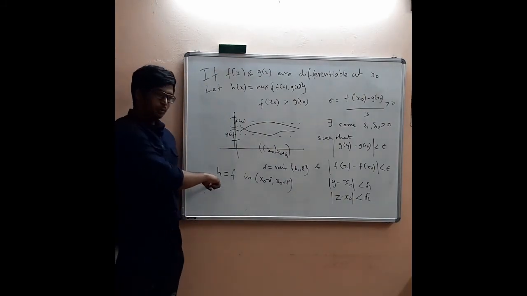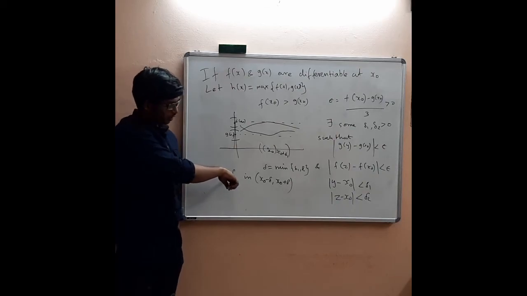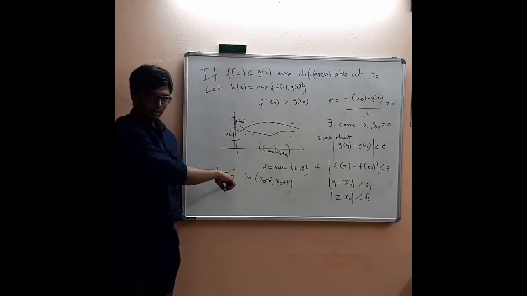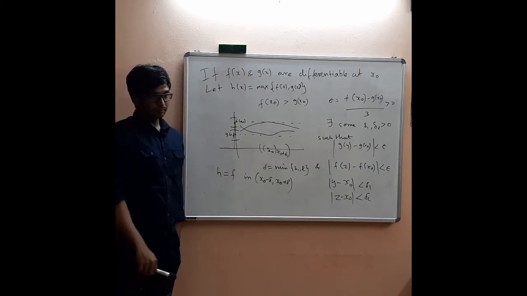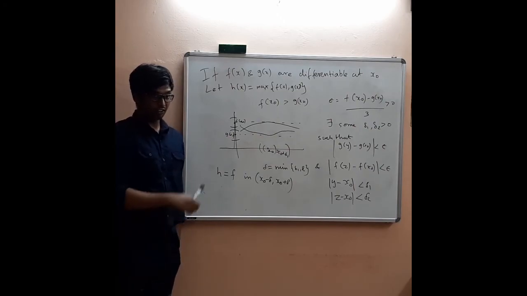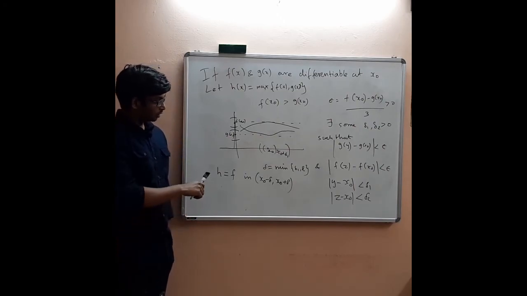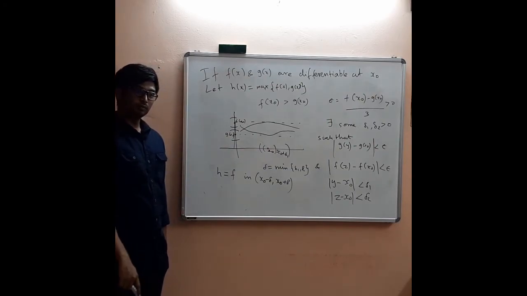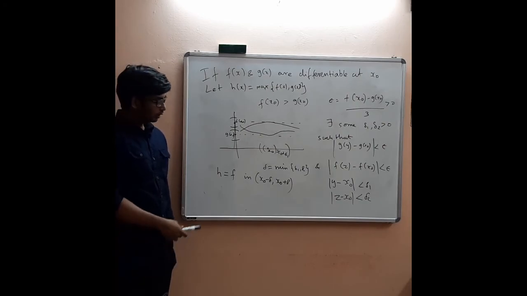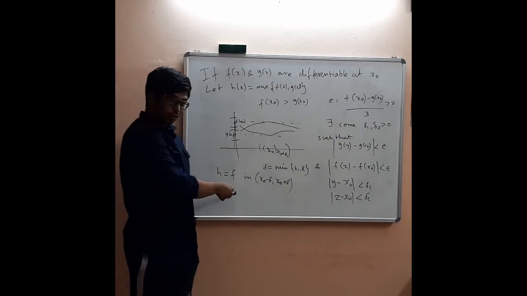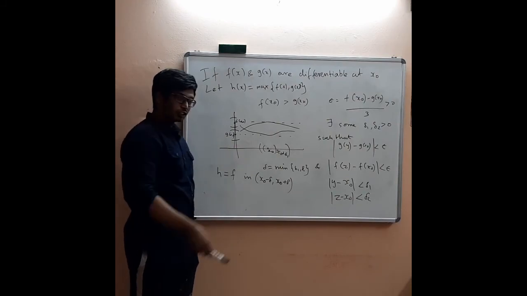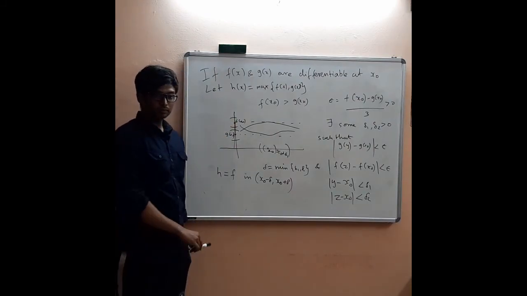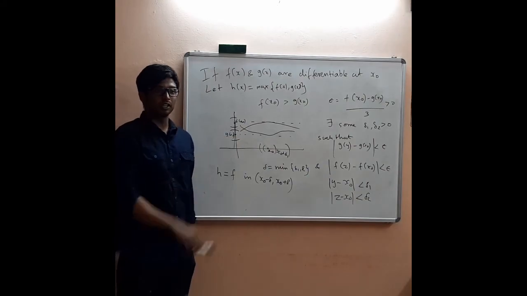Now the differentiability of h depends on the differentiability of f. In the previous example that we have seen, the differentiability of h depended on both f and g. Now the differentiability of h only depends on f, and f is clearly differentiable at x0. It is given. Hence h is differentiable at x naught.